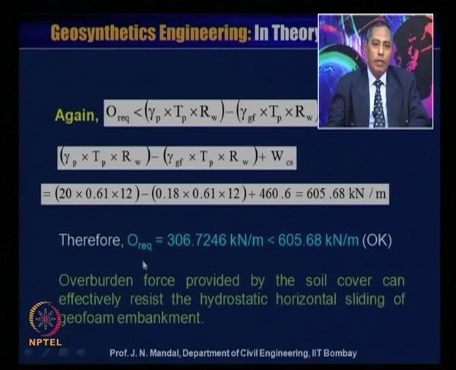So gamma P is 20, that is the unit weight of the pavement, and the thickness of the pavement is 0.61, and Rw is equal to 12, minus gamma of Gf, the unit weight of the geofoam, 0.18, into the thickness of the pavement, 0.61, into Rw, road width, 12, plus WCS, which we calculated as the weight of the cover soil, that is 460.6.